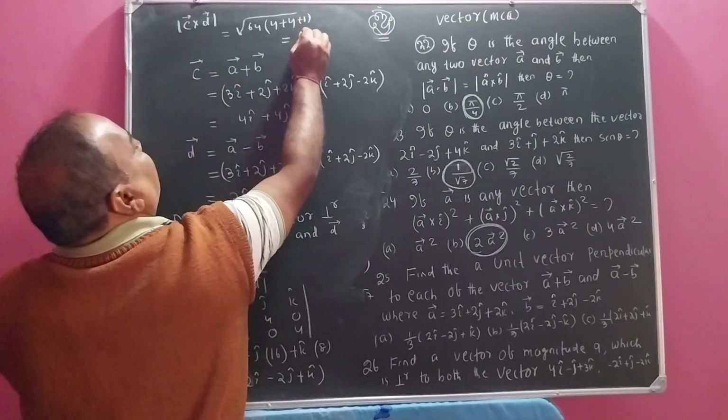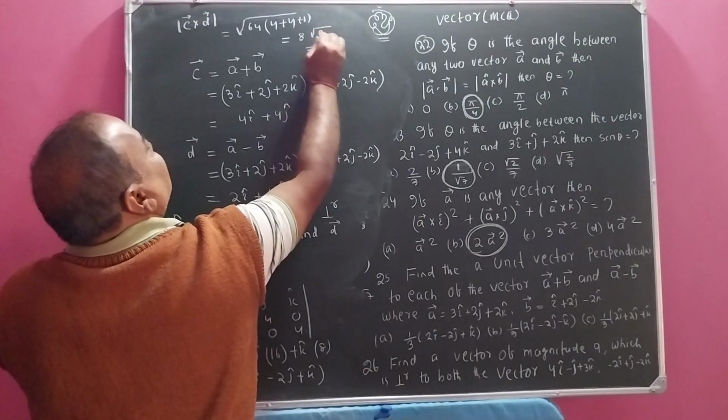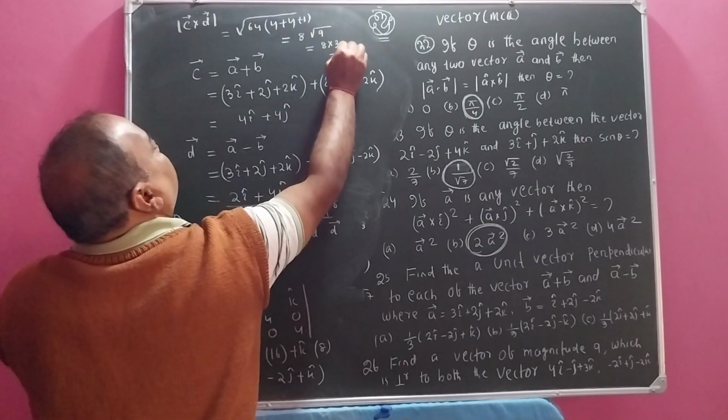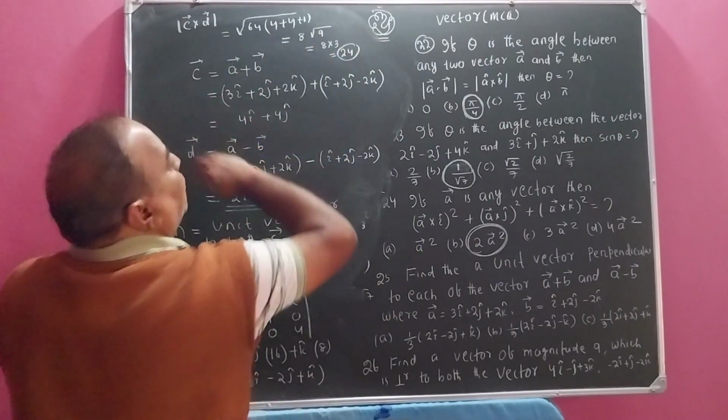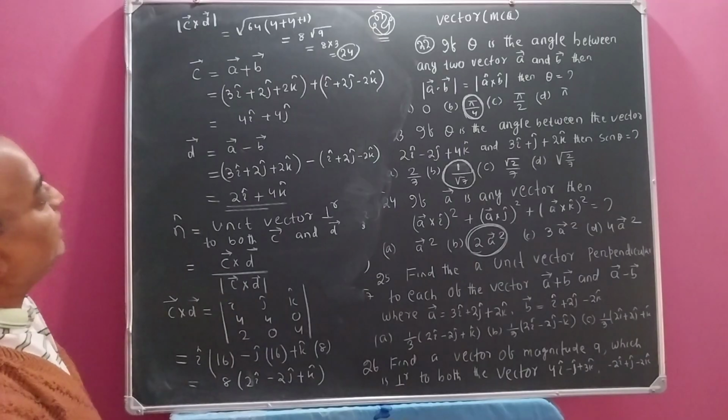Okay, 8 into root over 9, that is 8 into 3, which is 24. So 24 is coming out as the magnitude of c cross d.